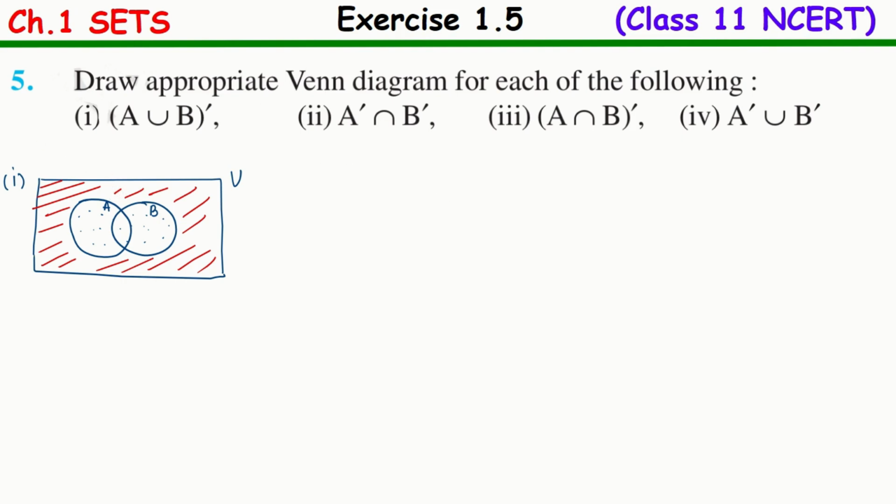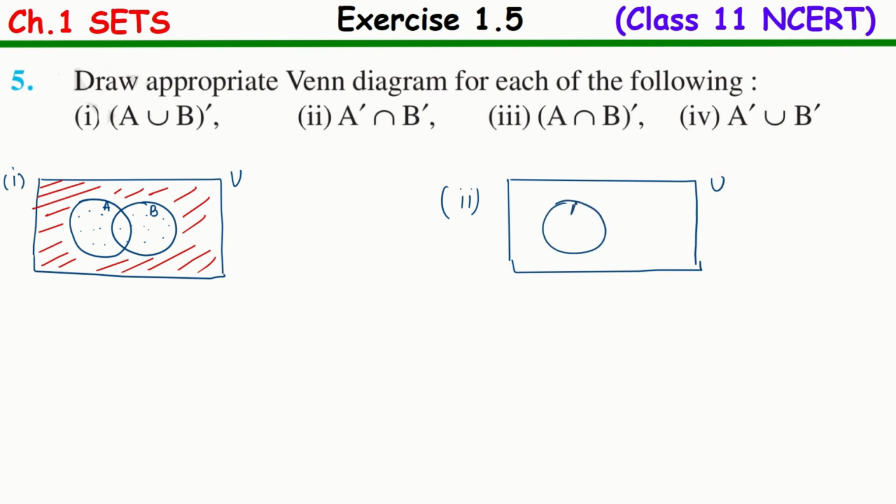So this is A union B's complement. Now let us do the second part. Again we have to draw the universal set U, A set and then B set. Now we have to take A complement which is not present in A, so it will be the region here, not present in A, like this, right?